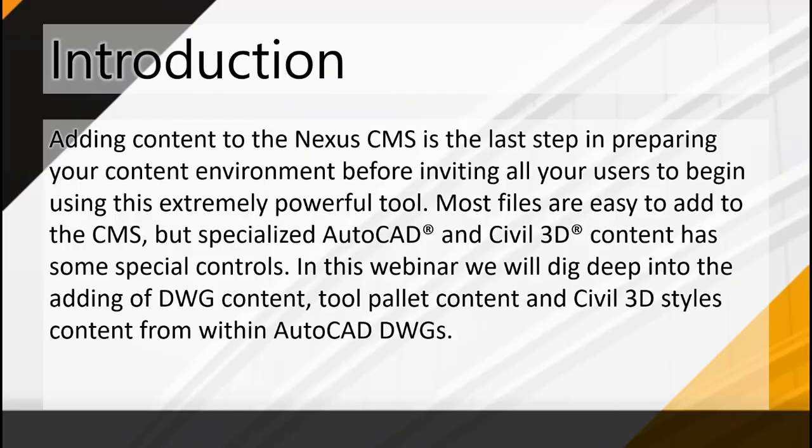Now, most things are pretty easy to add to the CMS, but with AutoCAD and Civil 3D, there's certain content that does have some specialized controls and some special things that you can do with them. So in this webinar, we're going to dig deeper into specifically AutoCAD-centric content, DWG most specifically, but also tool palette content, some stylized things, certain extra support files that we can deal with. We're going to be talking about everything AutoCAD today in this particular session.